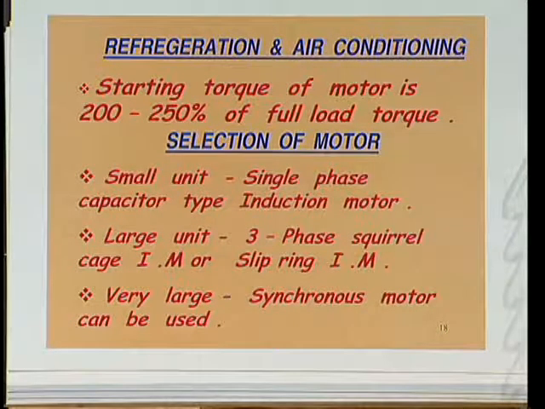Refrigeration and air conditioning. Refrigeration means to reduce the temperature so that we get the cooling purpose. We are using domestic refrigerators, and air conditioning also normally we are employing in industries.